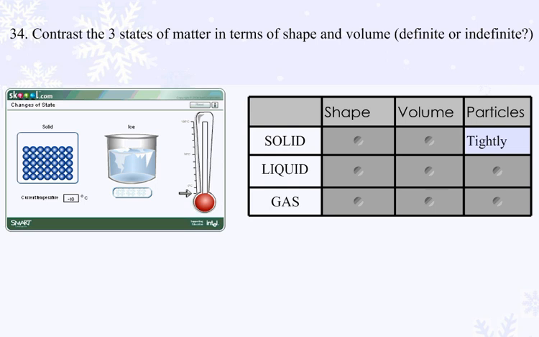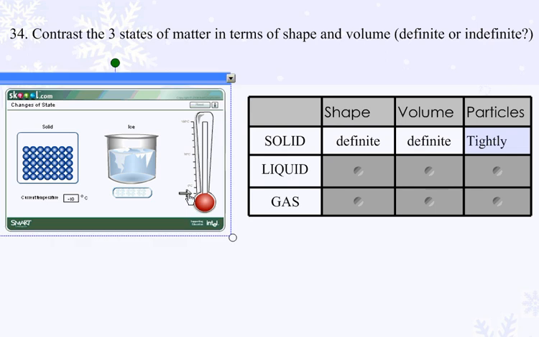In addition to that, the volume and the shape are definite. What I mean by that is it has its own definite shape. It cannot be changed by some other variable. It is a solid, and the volume can be measured, so it is definite as well.